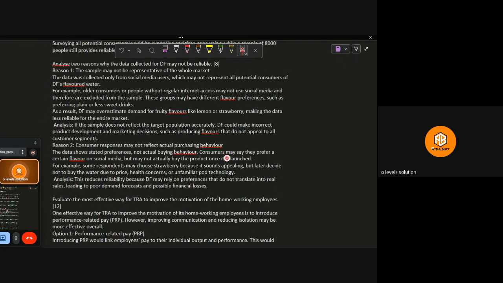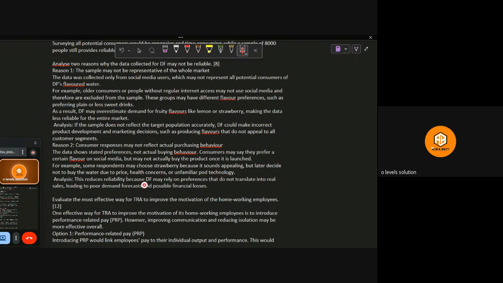So consumers may say that they prefer a certain flavor on social media but may not actually buy the product. And that's true once it is launched. For example, some respondents may choose strawberry because it sounds appealing, but later decide not to buy the water because they did not taste it yet, due to price or maybe health concerns or unfamiliar pod technology.